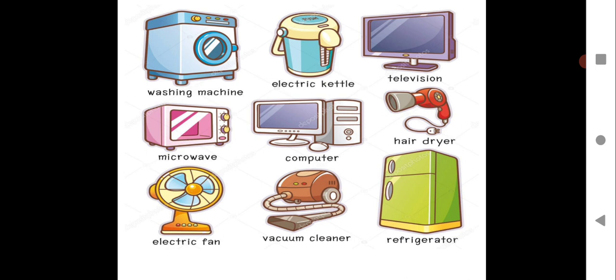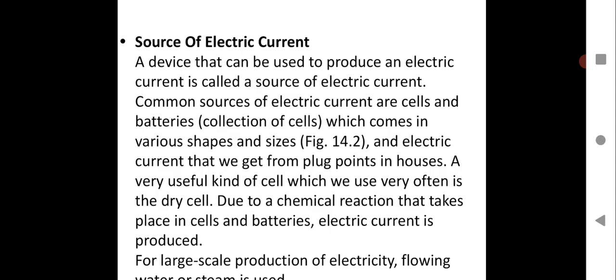You can put them in the list over there, so you can write the appliances that work on electricity: washing machine, electric kettle, television, hair dryer, computer, microwave, electric fan, vacuum cleaner, refrigerator, room heater also, geyser, all those work on electricity. You can just put a list of all these appliances, children. Then, source of electric current.